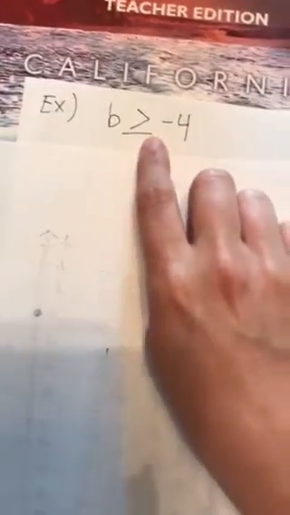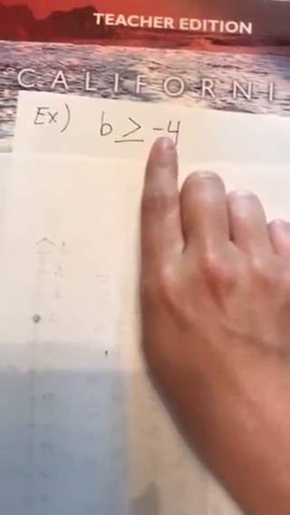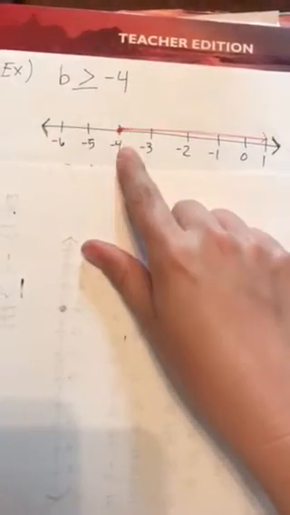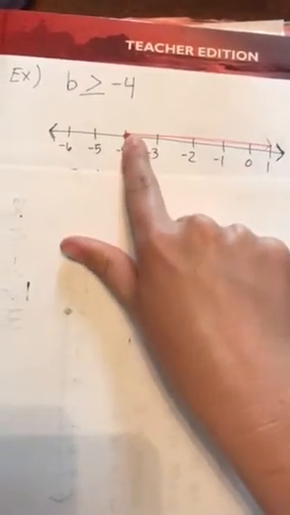Okay, my next example is B is greater than or equal to -4. So I decided to show you on a number line. I put my dot at -4 because that's the number they gave us.